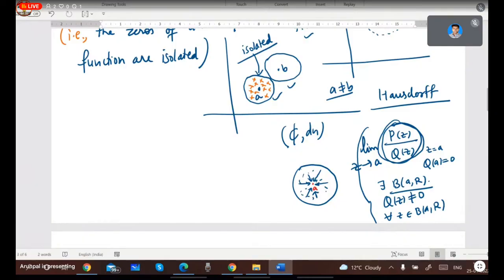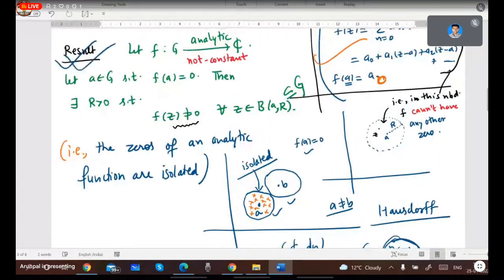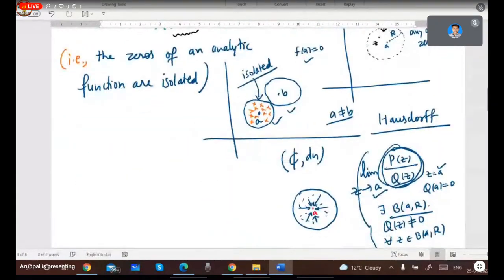Yes, sir. So this is a very important consequence of this result. That allows us to talk of this kind of limit concept for functions of the form p(z) upon q(z), even if the denominator is 0 at some particular point. Because this result guarantees that, and you know that polynomials are analytic, class, they are entire functions.